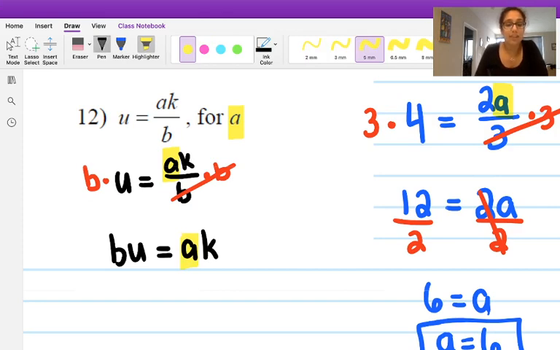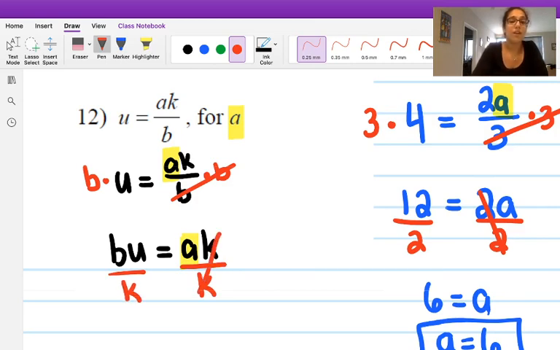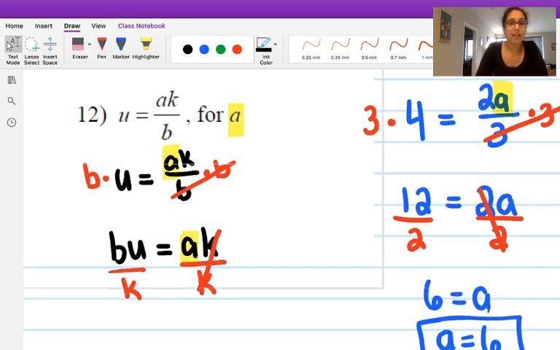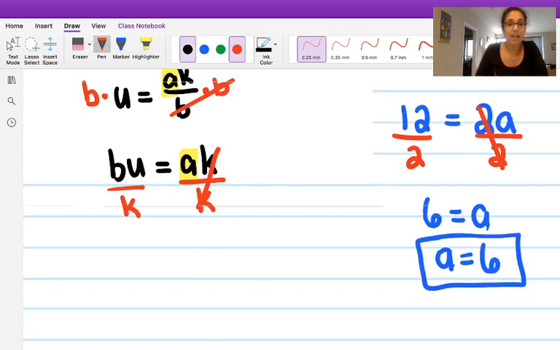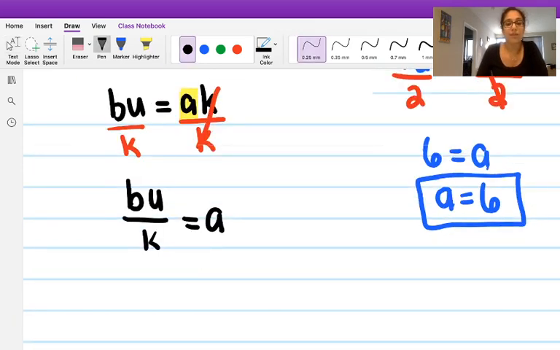So I'm going to divide by what? I want to get rid of whatever's with a, so I'm going to divide by k to get a by itself. And what you do to one side, you do to the other. So I get bu over k is equal to a. Or, again, we write it when a is by itself: a is equal to bu over k.